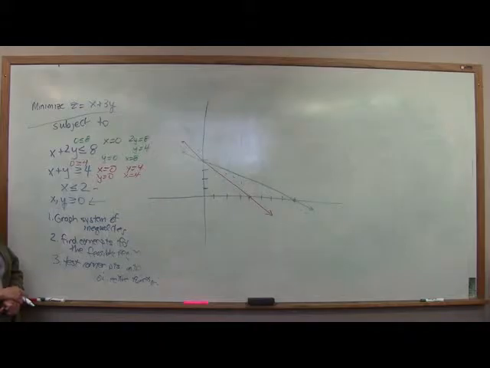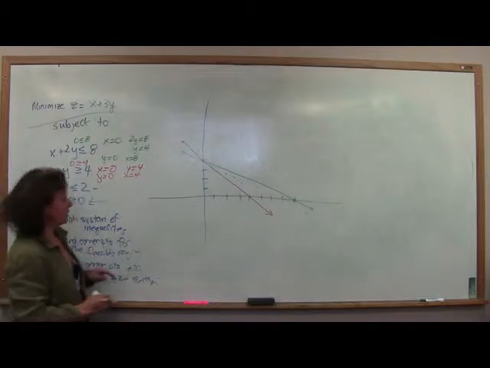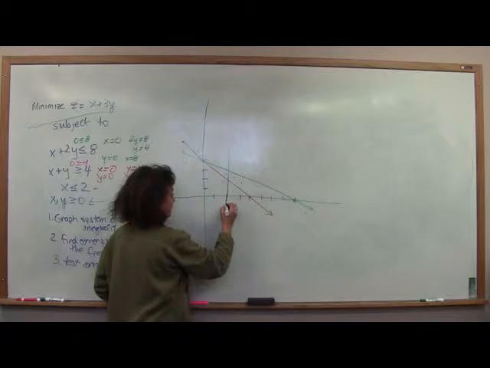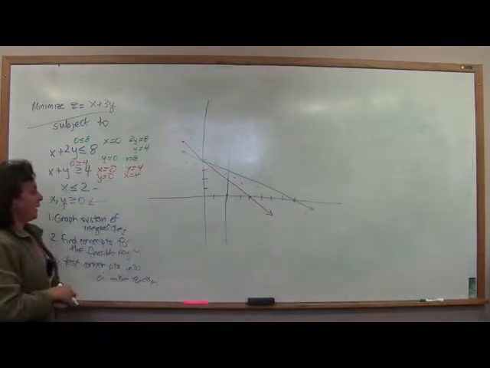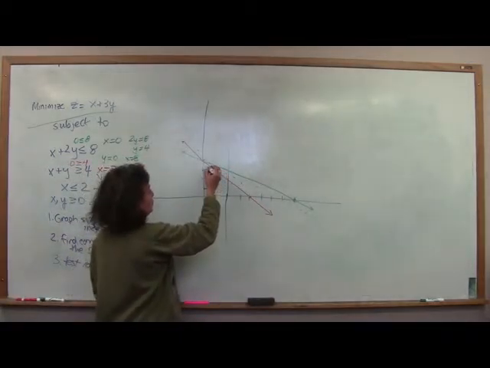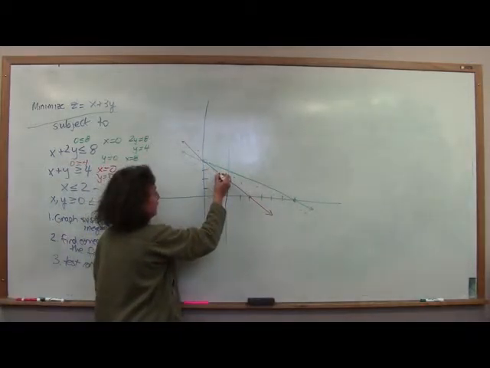Well, what does the line x equals 2 look like? Isn't that a vertical line? And since I'm interested in it being less than or equal to 2, I'm going to shade to my left, and this here is my feasible region.